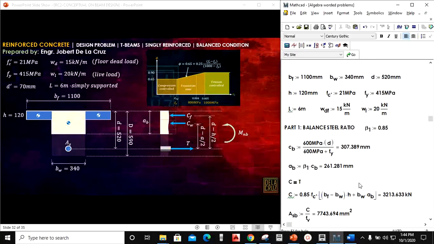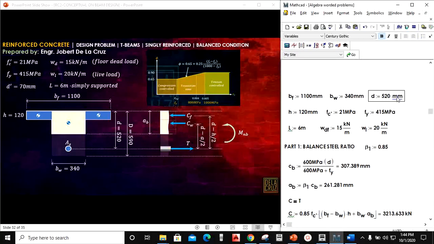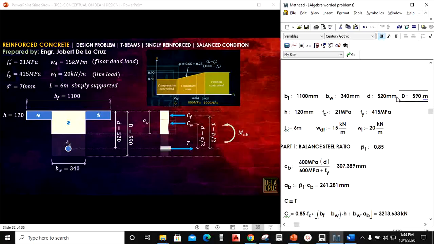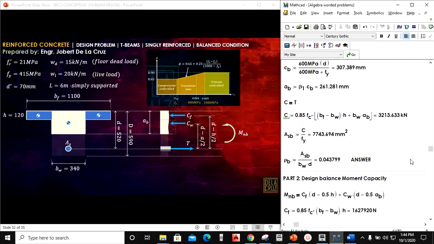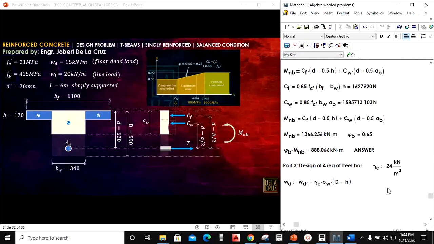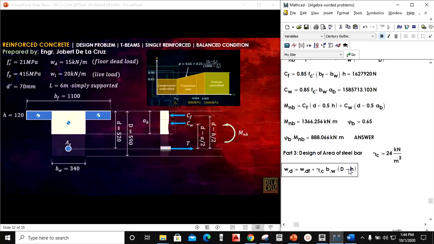Okay, the total depth of the beam, that is 590 mm. Okay, para hindi mag-error yung MATCAD natin. Okay, hahanapin niya kasi yung value. Okay, that one. So the total dead load that will be in kilonewtons per meter. Okay, dapat ganito yung unit natin.